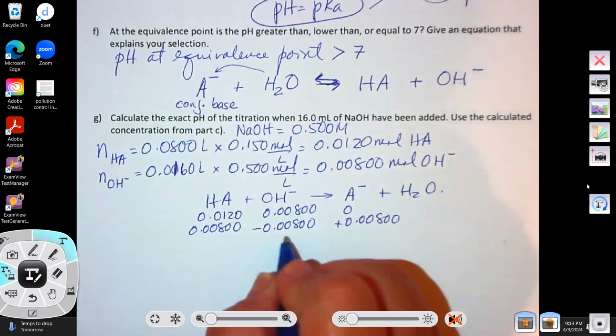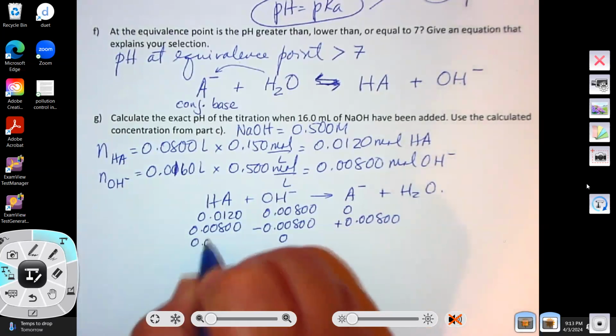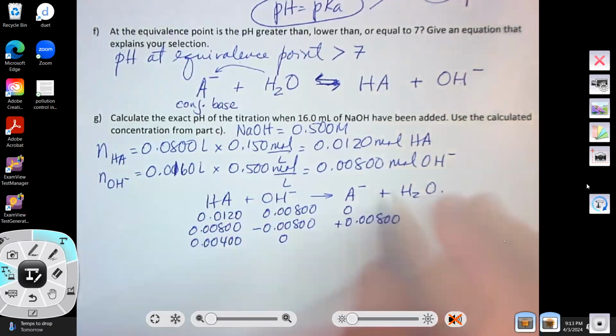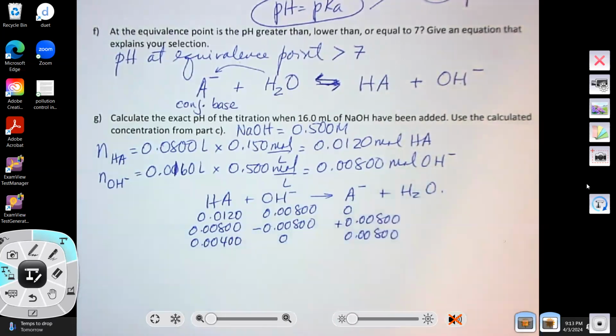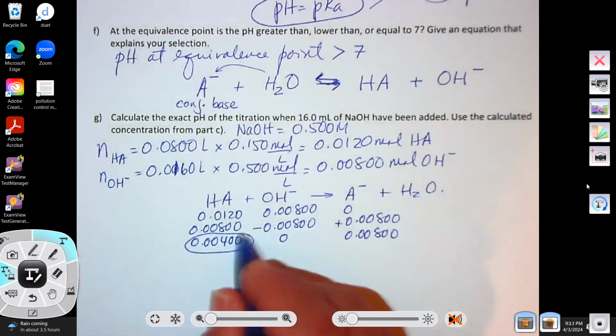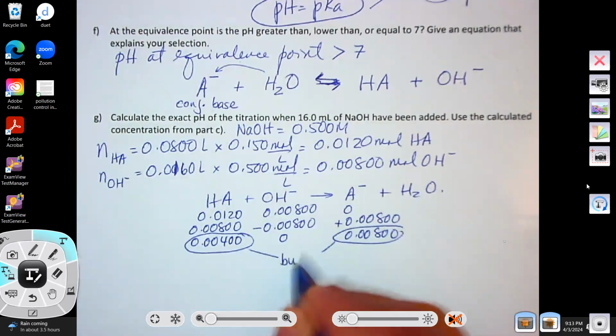And then, of course, you're going to end up with no sodium hydroxide. You're going to end up with a little bit of the acid left. And here you're going to end up with conjugate base. And then to find the pH, since the presence of a weak acid and the conjugate base means that you have a buffer.